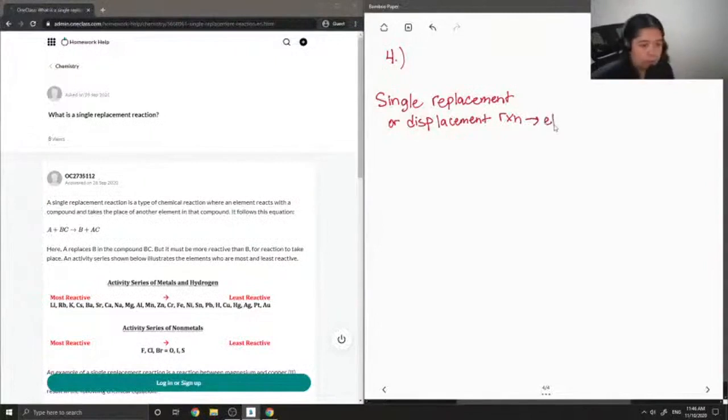Basically, this is when you have an element that reacts with a compound and takes the place of another element.